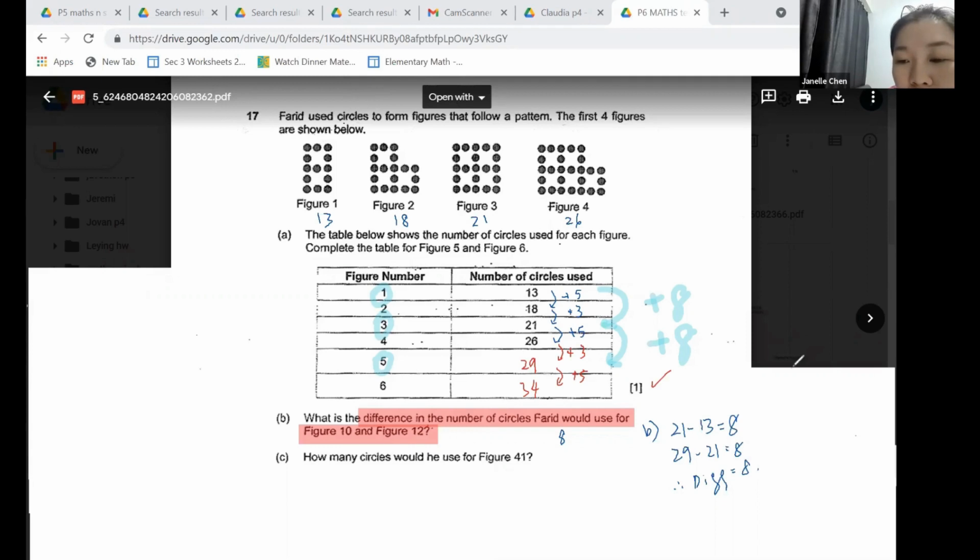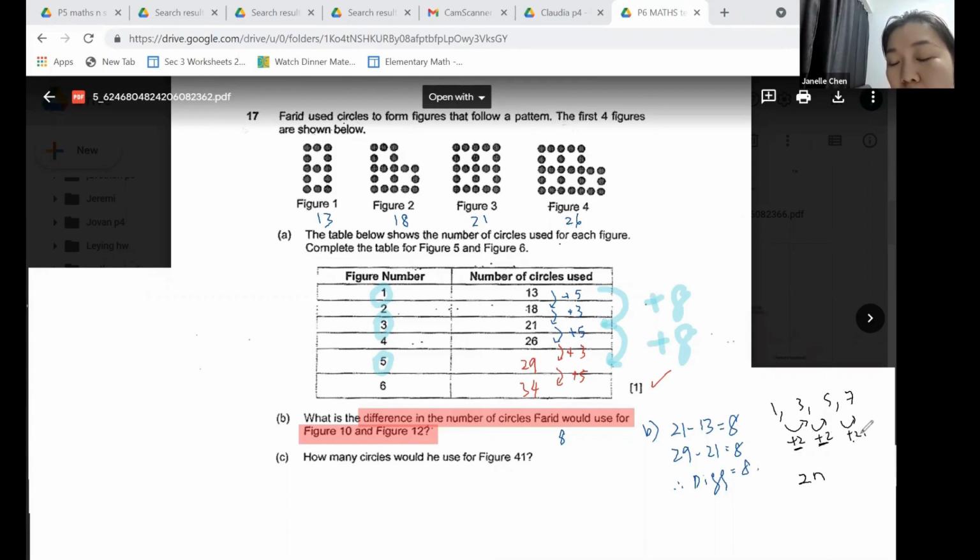If I have something like 1, 3, 5, 7, this is a constant difference of +2, +2, and +2. I said before that if you have numbers like this, constant difference means your n term is straight away going to be 2n, following the number here, because all this is 2.